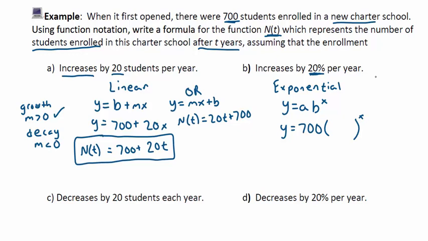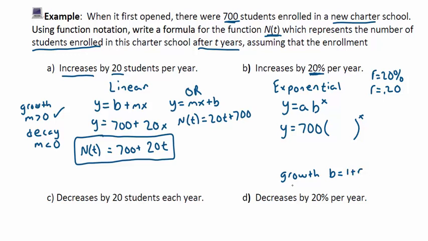One way to find the value of b is to take our rate of 20% and write it as a decimal, which would be, if you move the decimal point left twice, 0.2, or if you like, you could write it as 0.20. And then use the formula for growth. Since it's growing, use the formula b is equal to 1 plus r, where r is the rate as a decimal.